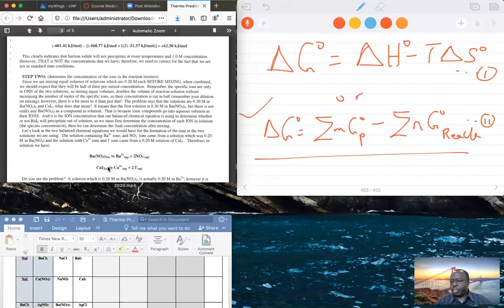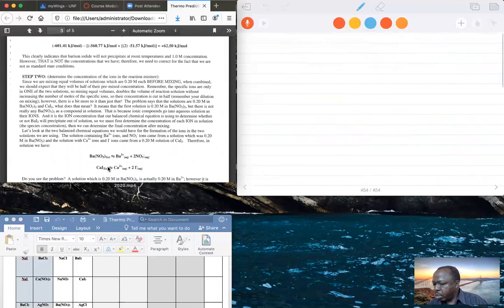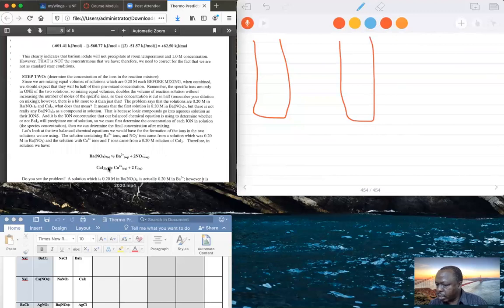In this case, this is what I want you to visualize when you do this exercise. We have 0.20 molar barium nitrate, and it is aqueous.